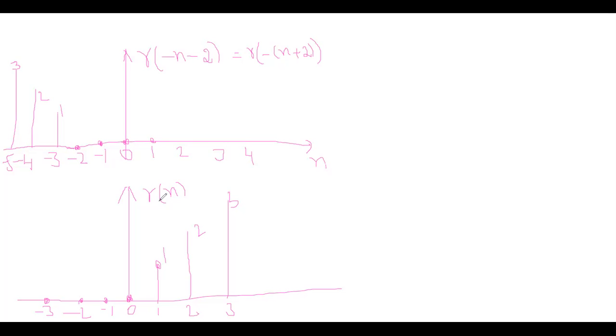Now I am taking this R of n, the folded version, with the shift of two samples. Let it be R of n plus 2. What is R of n plus 2? It moves towards the left side.